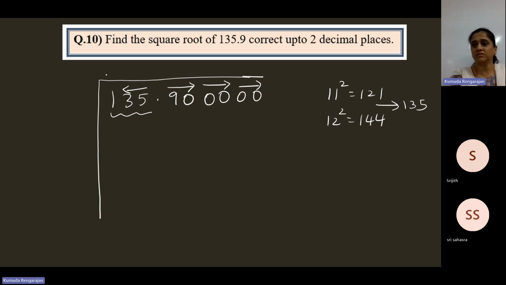What's the third digit? One more digit you need to get. Six five, right? Yes.